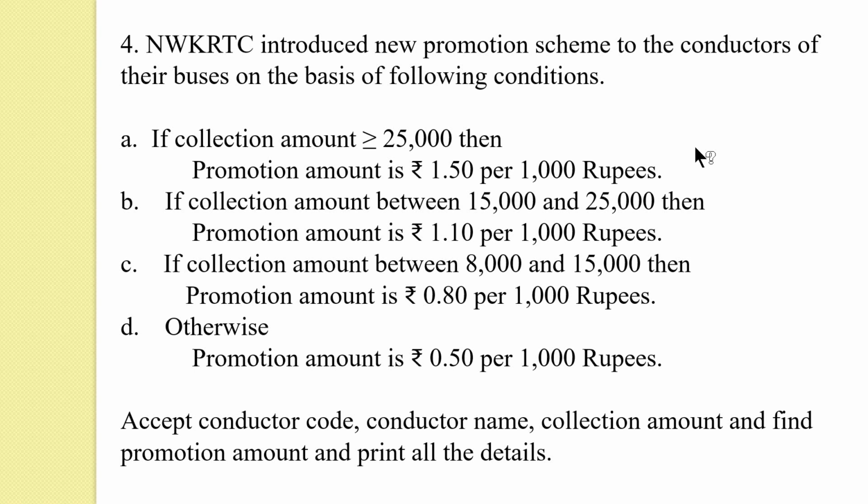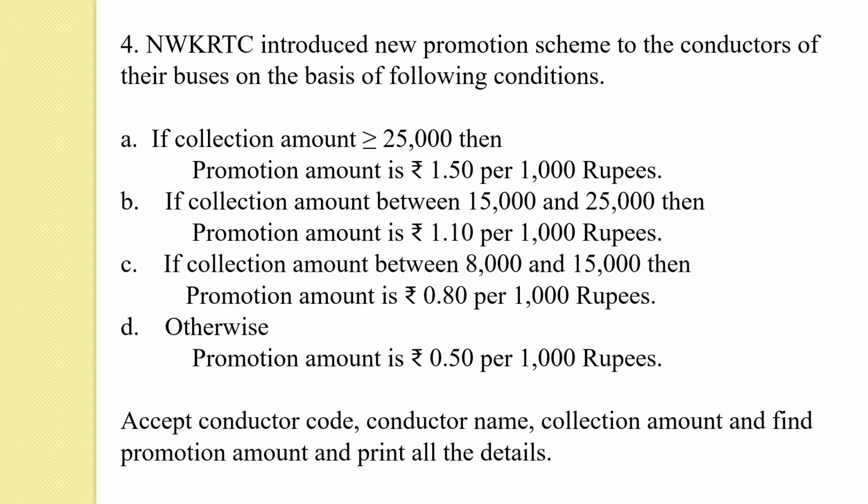For example, if the collection amount is 30,000, we are not supposed to multiply 30,000 by 1 rupee 50 paisa. That 30,000 has to be divided by 1000 and later that value has to be multiplied with 1 rupee 50 paisa.